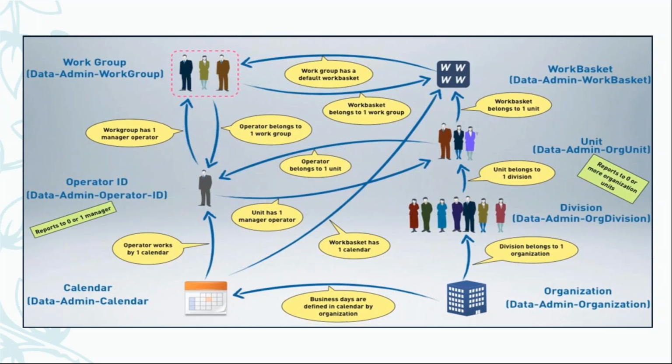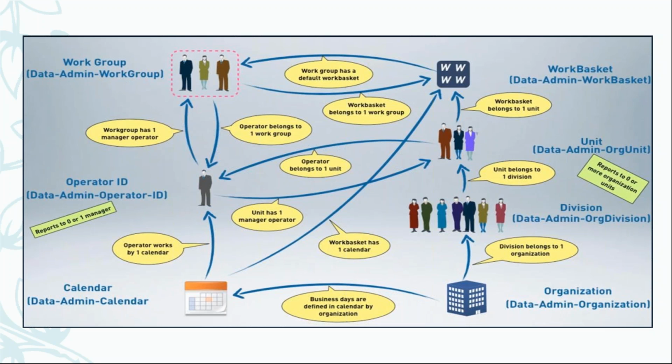So you can decide your working days, your work timing, and your holidays. All of this we can maintain in the calendar rule. Normally we call it a business calendar, not the normal calendar. It's business calendars in Pega.